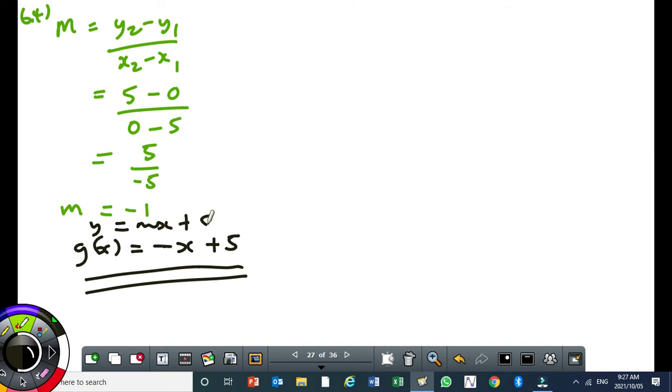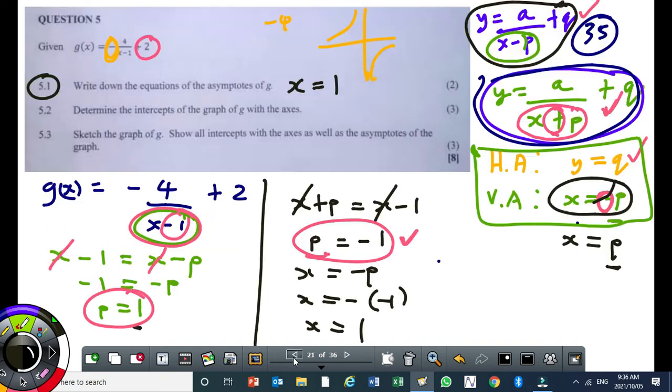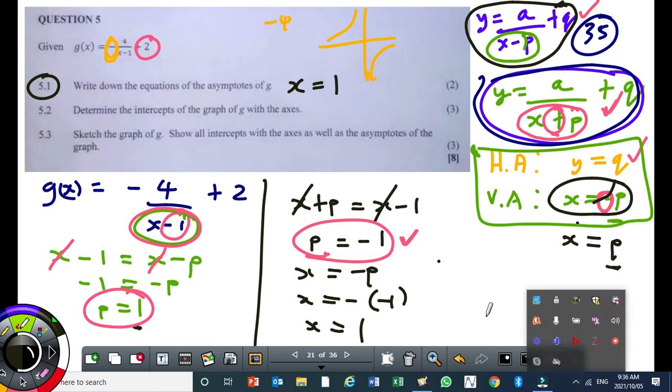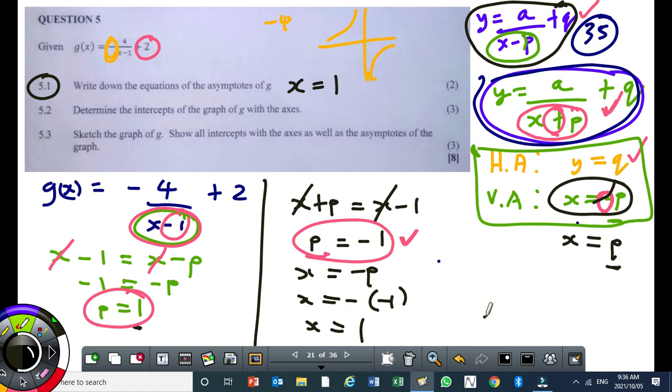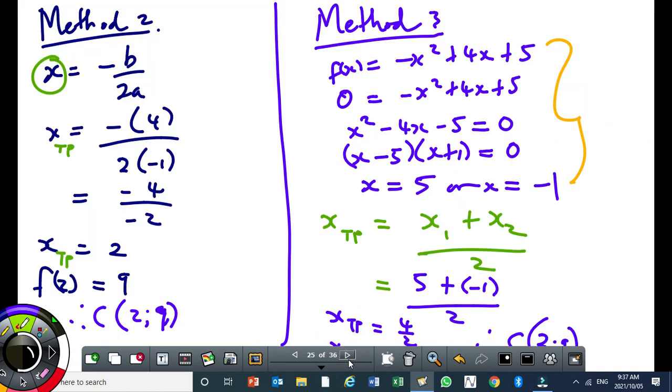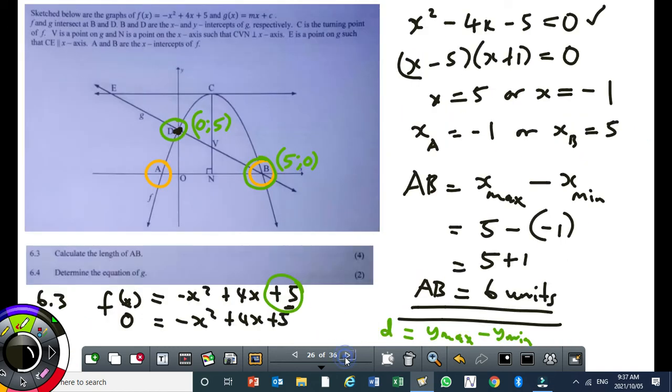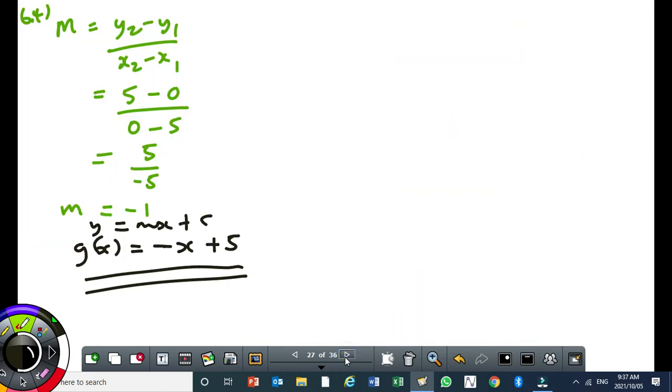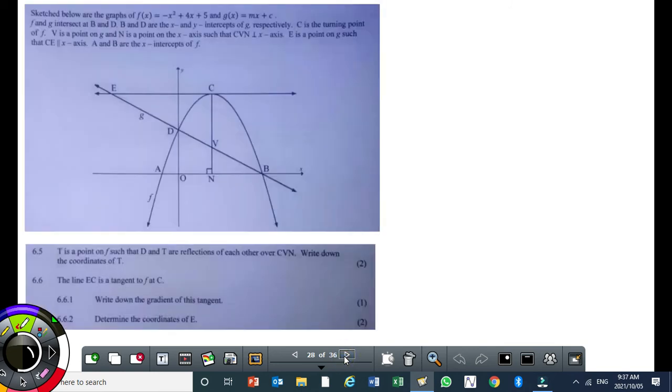So let me move on. If we found the equation, then the next question was on transformation. T is a point on f such that D, D is this point here.